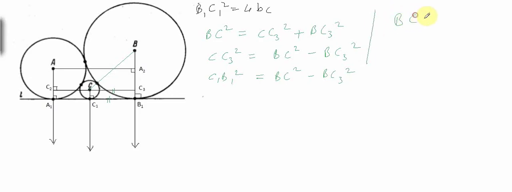Now BC is equal to B plus C, and BC3 is equal to this length minus this length, that is to say B minus C. So we put the value of BC and BC3 into this equation and get the following.